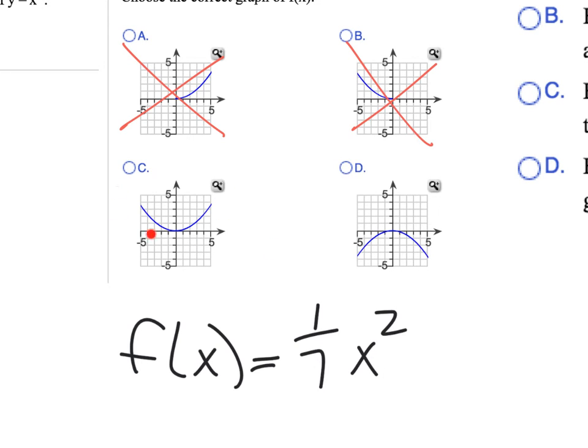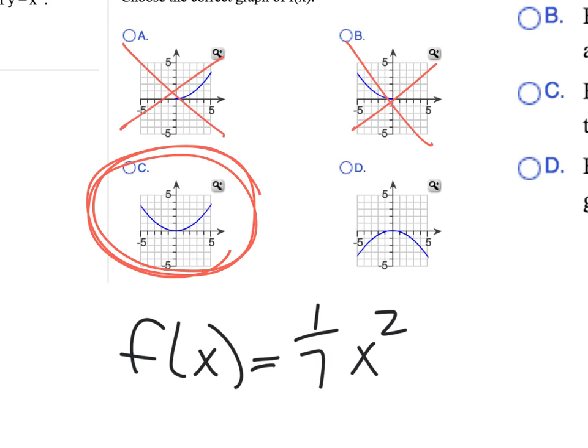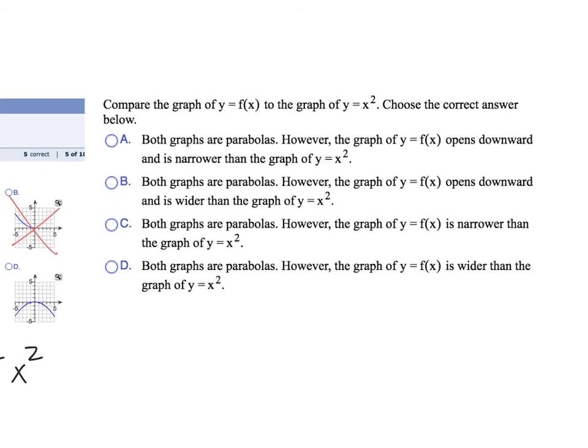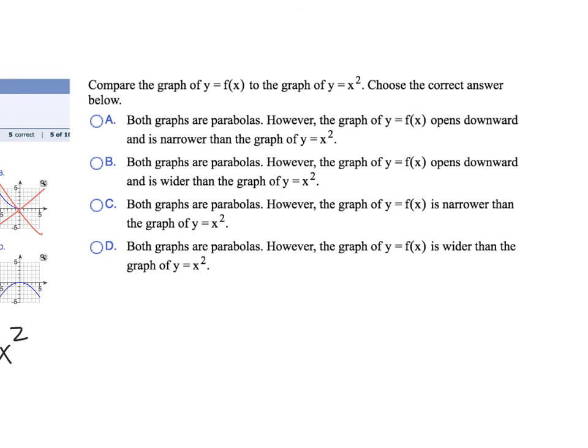So it's either got to be this smiley face or this frowny face, and by looking at the equation it's got to be the smiley face, because in order for it to be a frowny face, this first number needs to be a negative. So we're done.